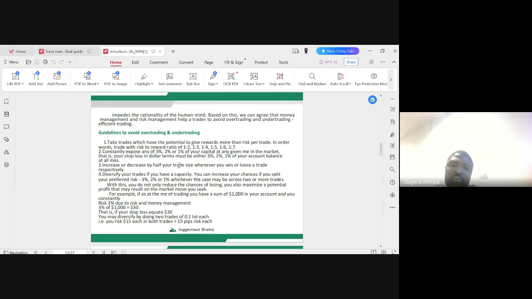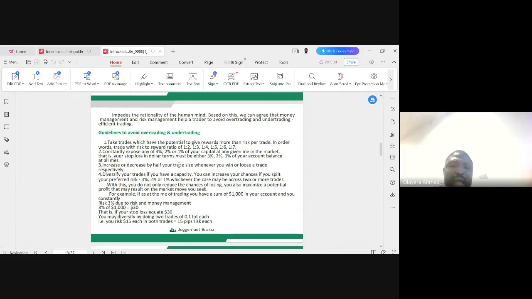For example, if you have an account of $100 and you have decided that your risk at all times will be between 1 and 3%. You understand what I'm saying?